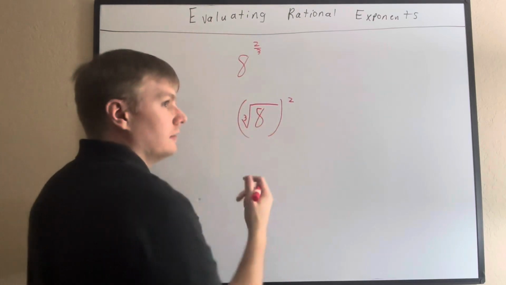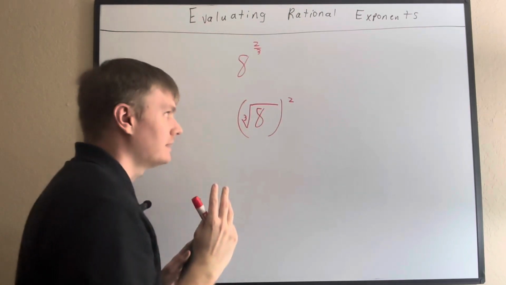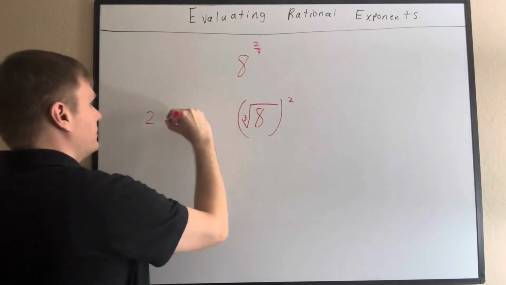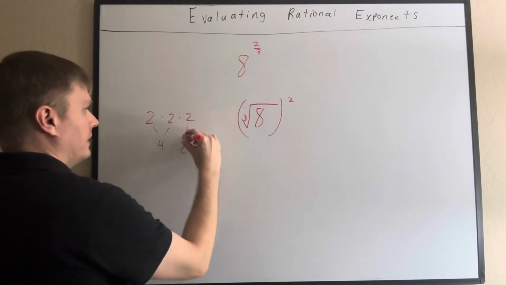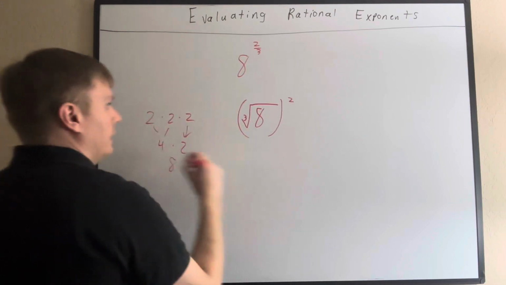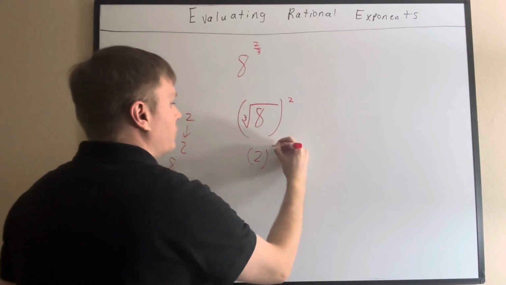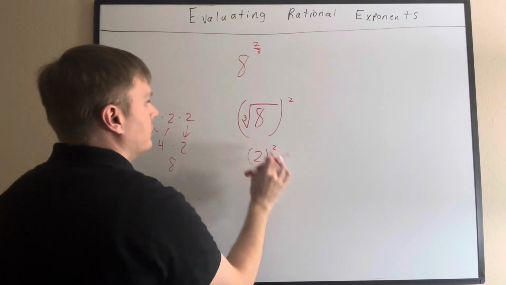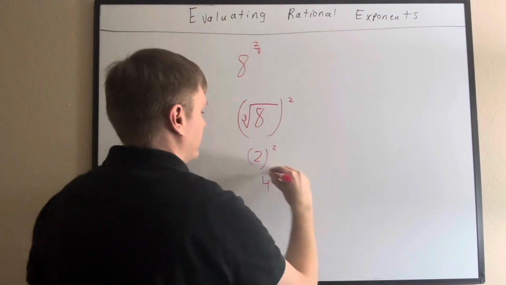Cube root of 8. Okay, what number multiplies by itself 3 times to get 8? Well, it's 2, right? 2 times 2 times 2. So 2 times 2 is 4. Bring that 2 down. 4 times 2 is 8. So the answer would be 2. That's the cube root of 8. But we're still squaring it, right? We're not done yet. We just took care of the denominator with that part. 2 squared is 4. And that's your answer.